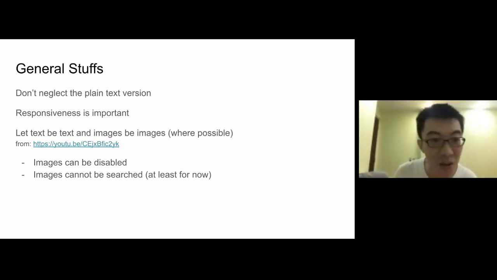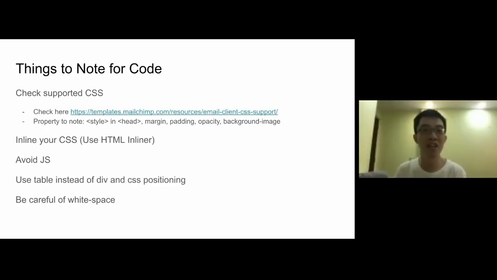Next one, so for the code itself, here are several pieces of advice that I can give. First, you can check on this page over here what are the supported CSS by the email client that you want to target. Some property that you want to note is style in head.